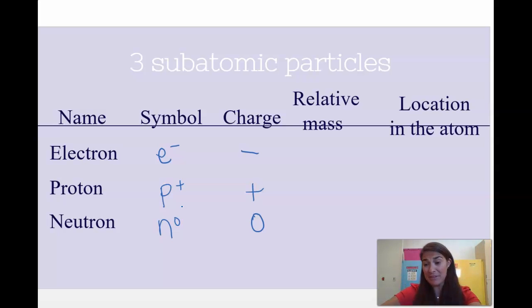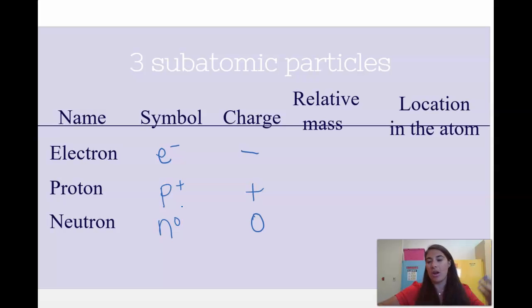So in terms of their relative mass, we are talking about teeny tiny things, right? So small, like times 10 to the negative, bajillions, okay? And so we use the word relative mass because we didn't want to keep talking about these things with crazy exponents that are so small that didn't make sense. And so we have a unit that we use when we're talking about subatomic particles called an AMU, atomic mass unit, okay?